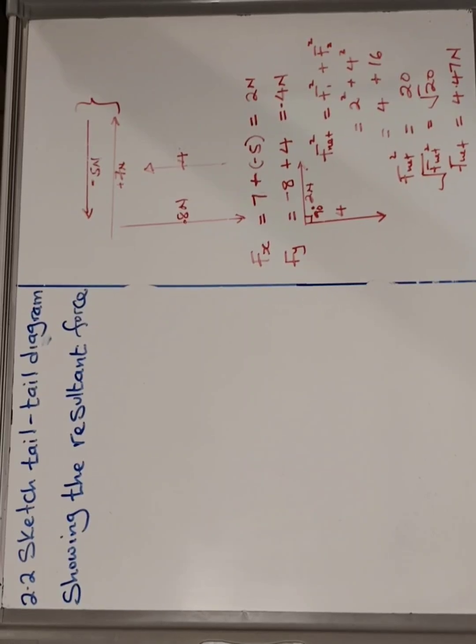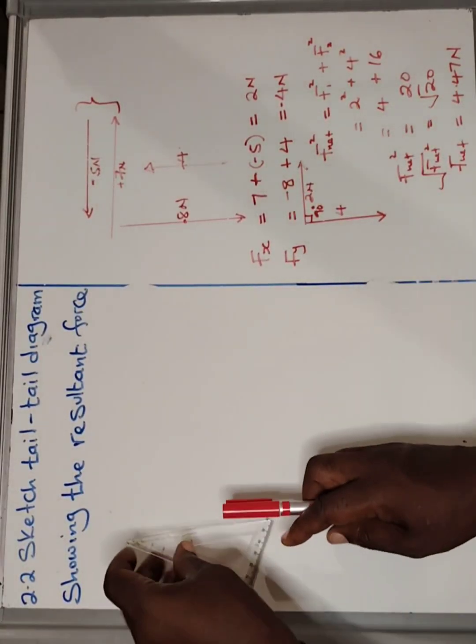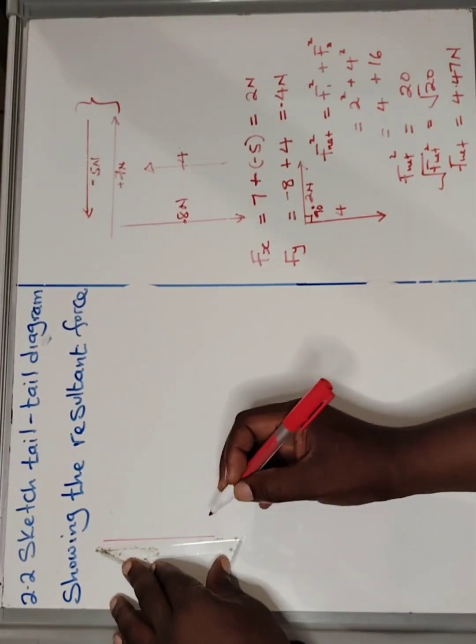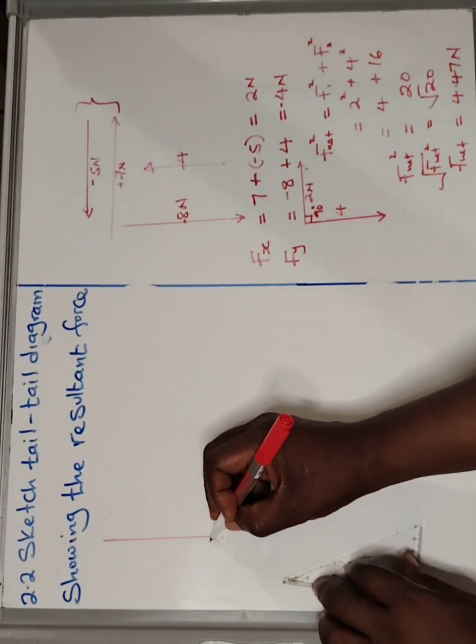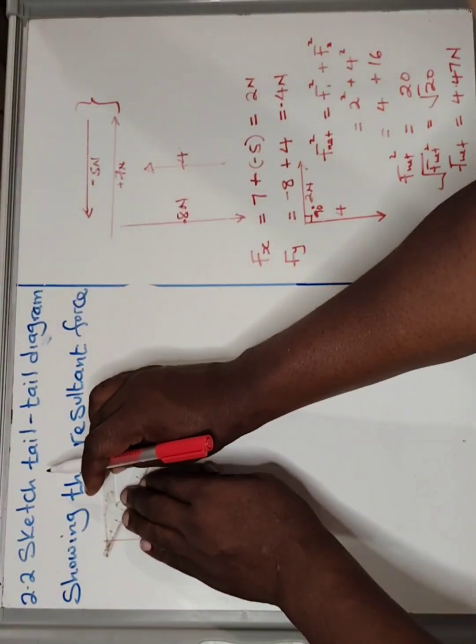Then comes this question. It says, sketch a tail-to-tail diagram showing the resultant force. How do we indicate that one? Actually, we get it from what we have this side. That's Fy. And you have Fx.